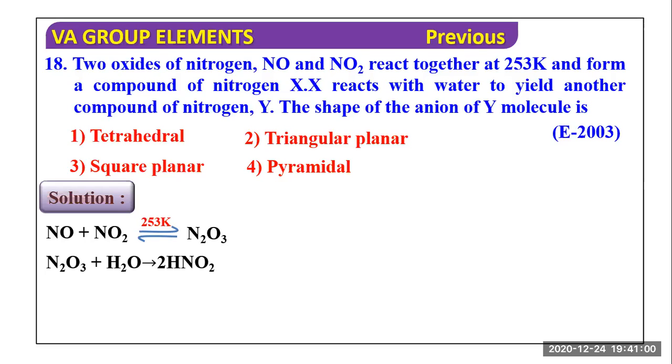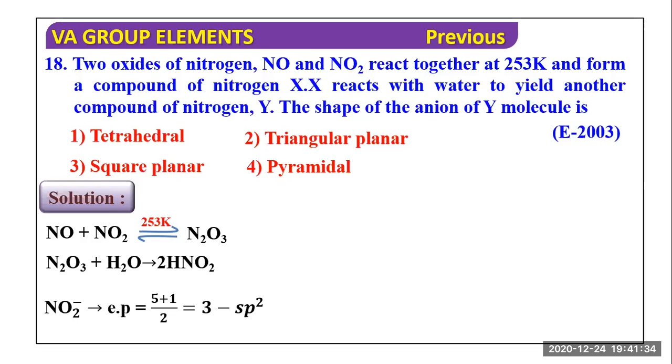It contains electron pairs. Actually, total electron pairs in NO2 minus is 3 bond pairs like this, and it contains one lone pair also.